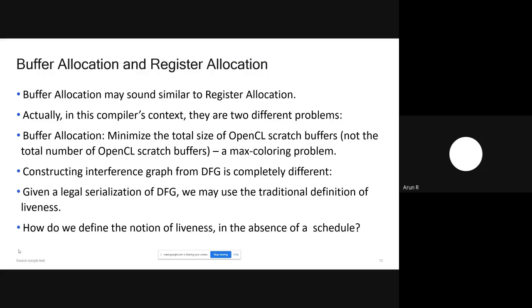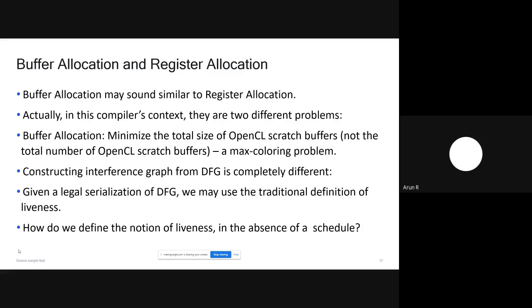So we have to manage the physical memory that is present in our device efficiently. How do we map the temporary buffers to physical buffers? In many ways it's similar to register allocation, but let's look at the challenges and at what the compiler is trying to solve here.